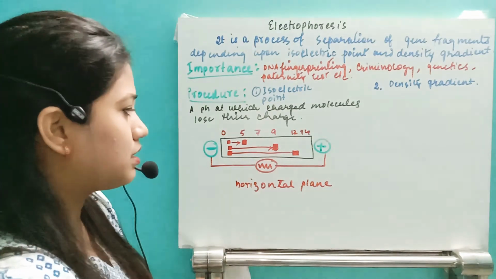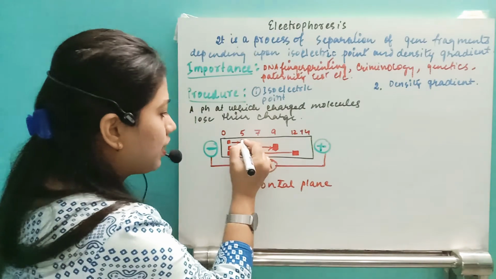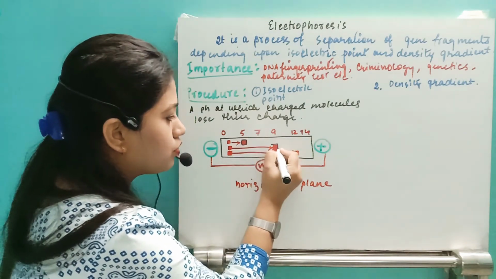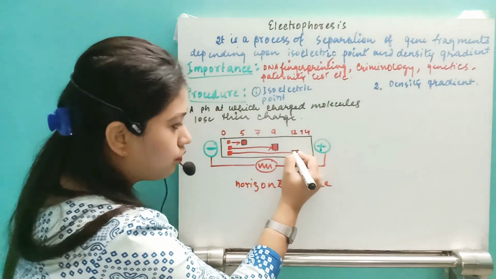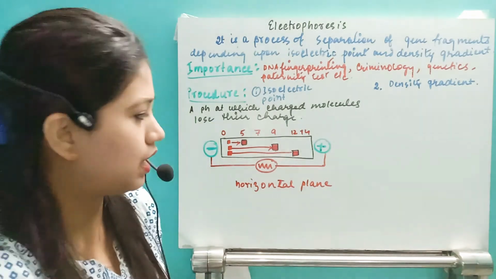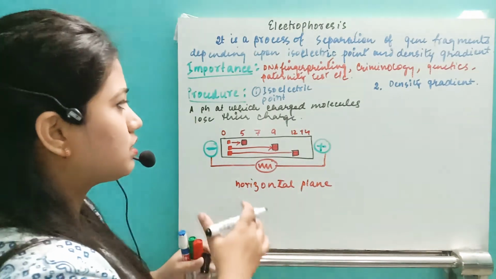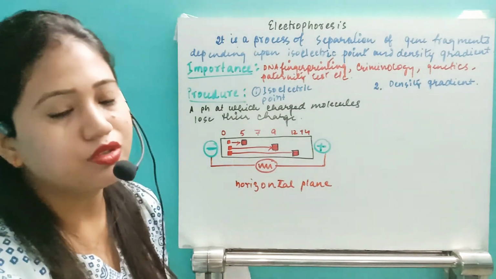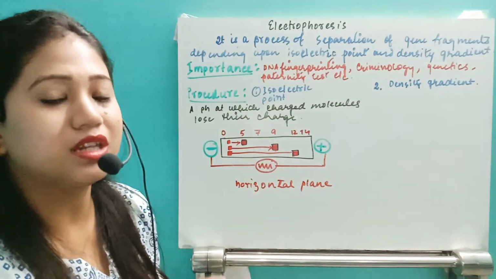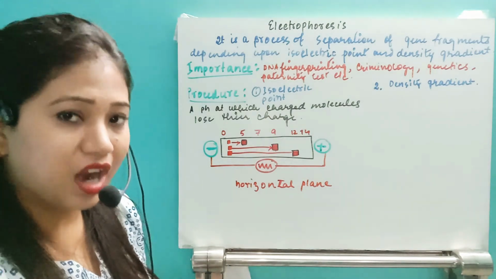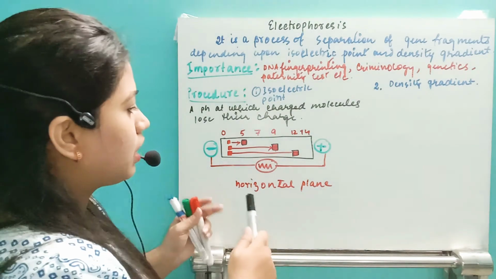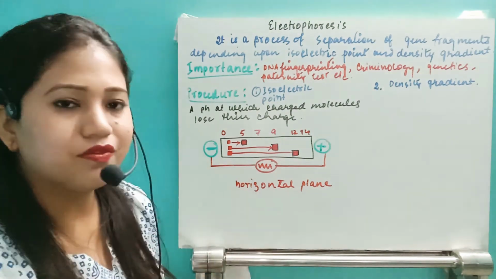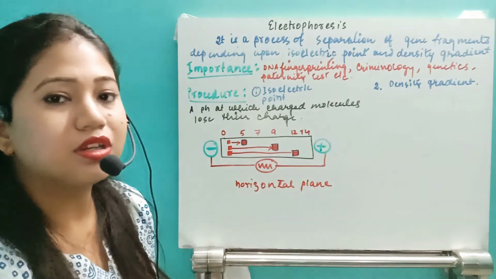Now we get different gene fragments, and all of them are focused at their own isoelectric points. So this is the normal procedure by which we can separate gene fragments depending upon their charge, right?